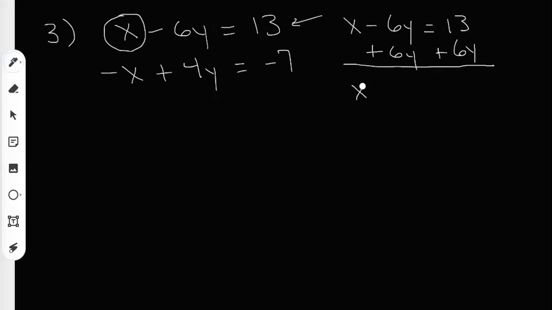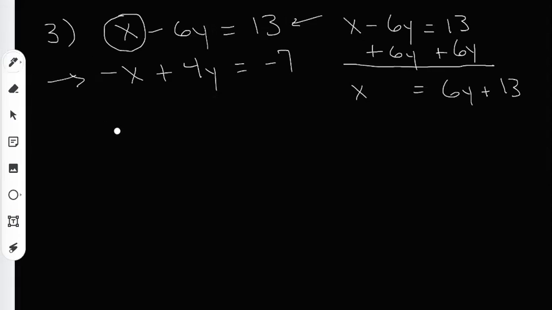So that way I get x equals 6y plus 13. So now I've got x by itself. I know what x is now. X is 6y plus 13. So I can use that to plug back into the bottom equation.